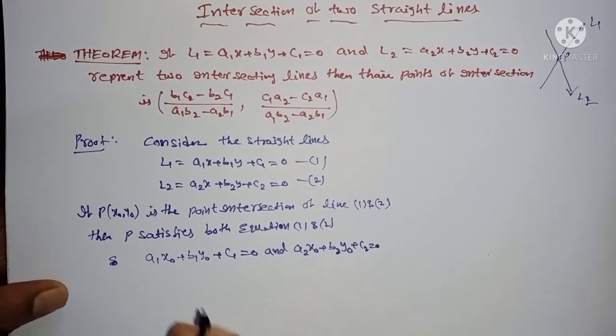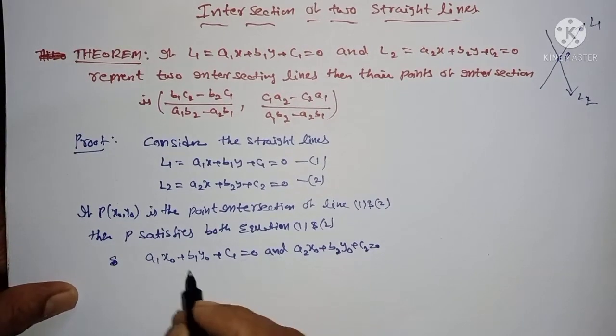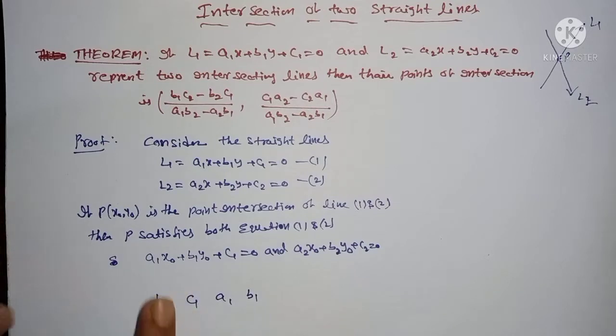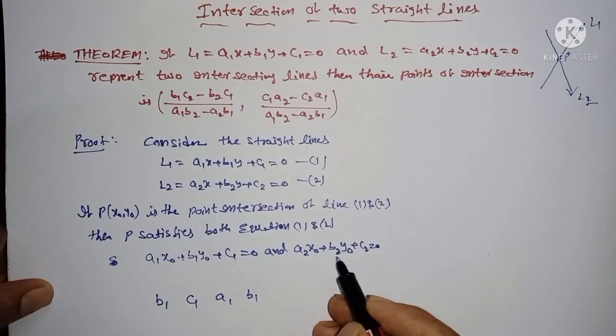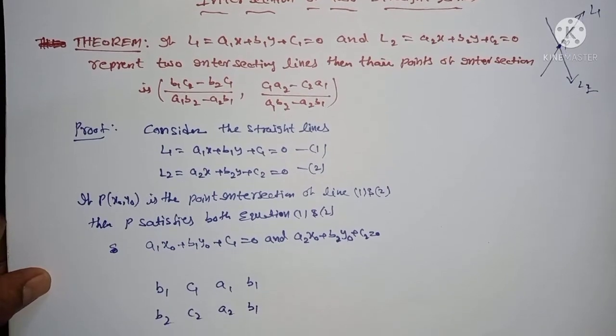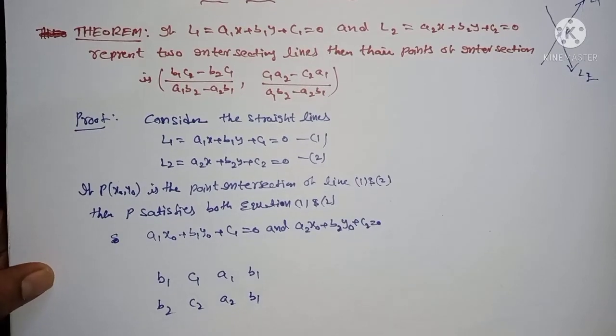How can you solve this? Observe, there is one formula. For the first equation, take the coefficients: for y0 it is B1, C1, and for x0 and y0 constant A1, B1. For the second equation, similarly B2, C2, A2, B2. This is one method of finding the solution.